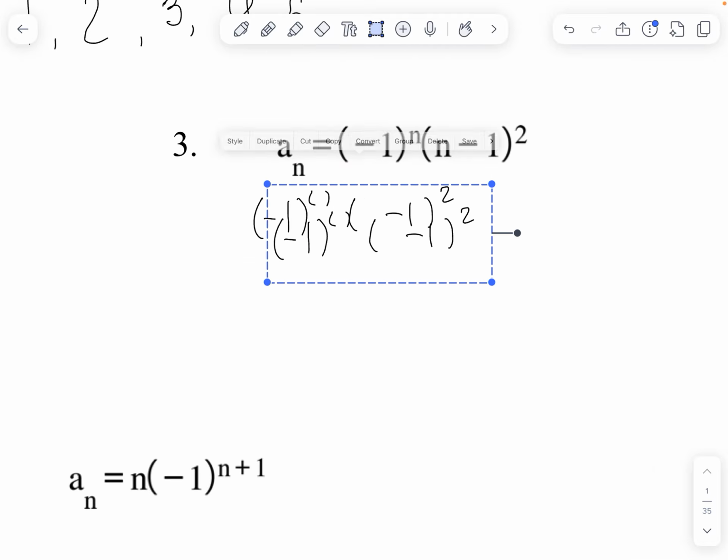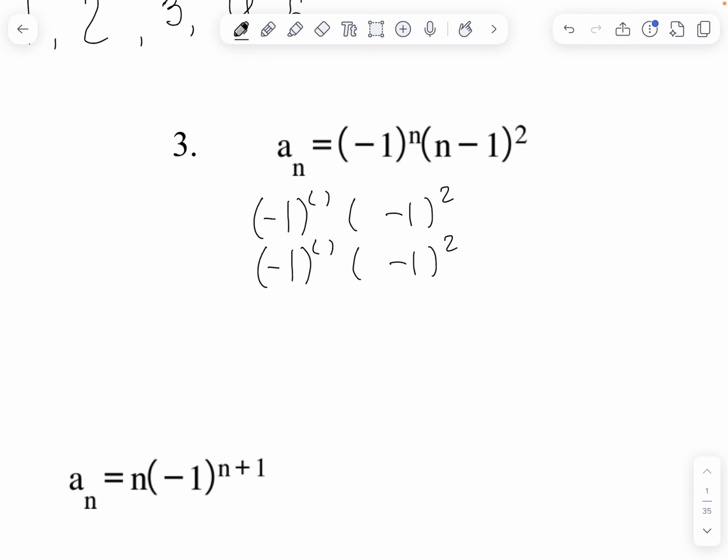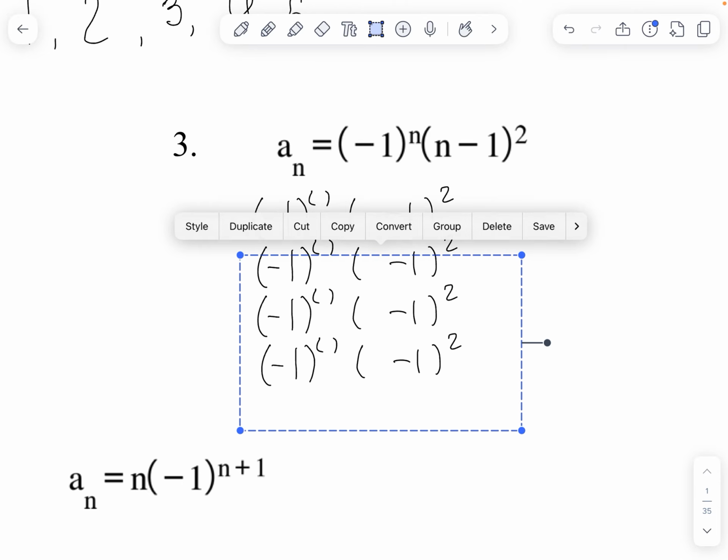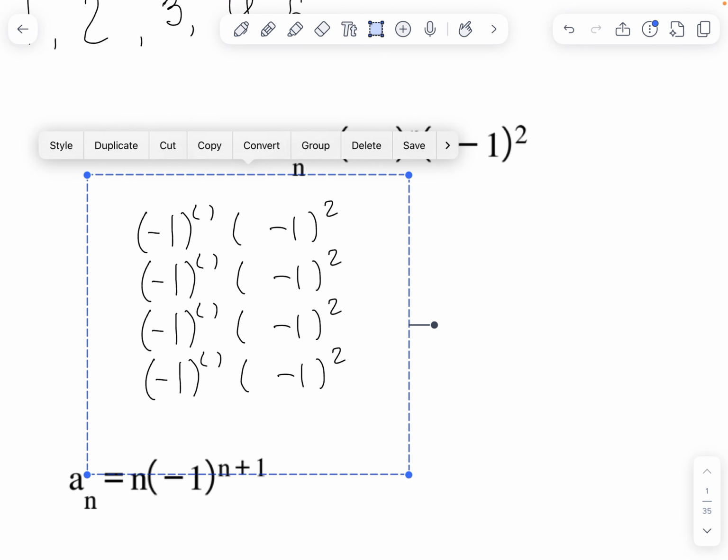Right? Duplicate. Now you put in the values.